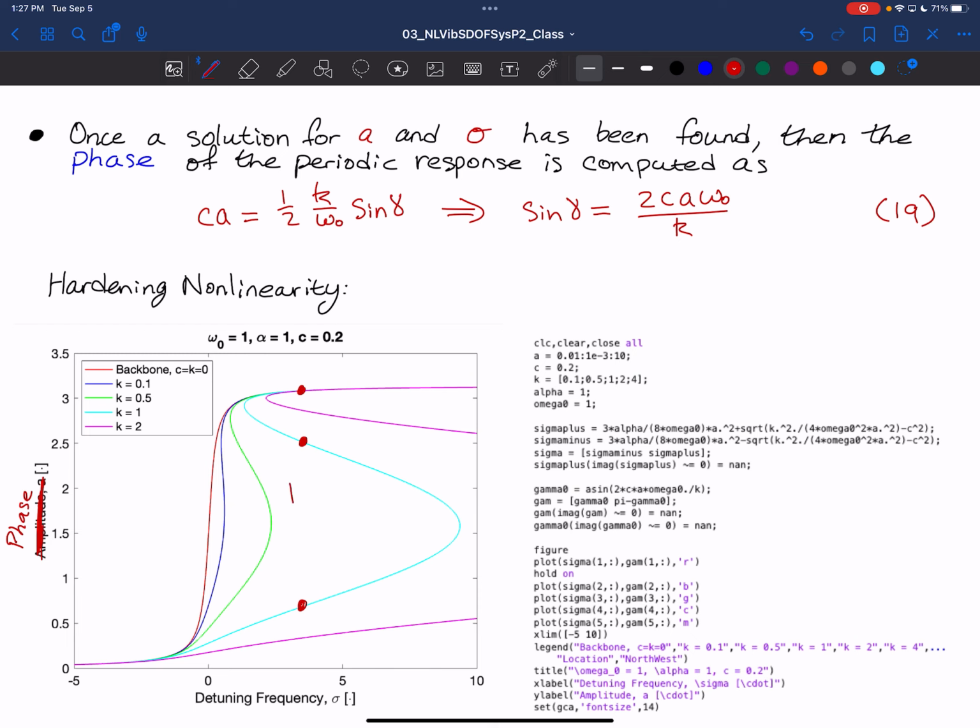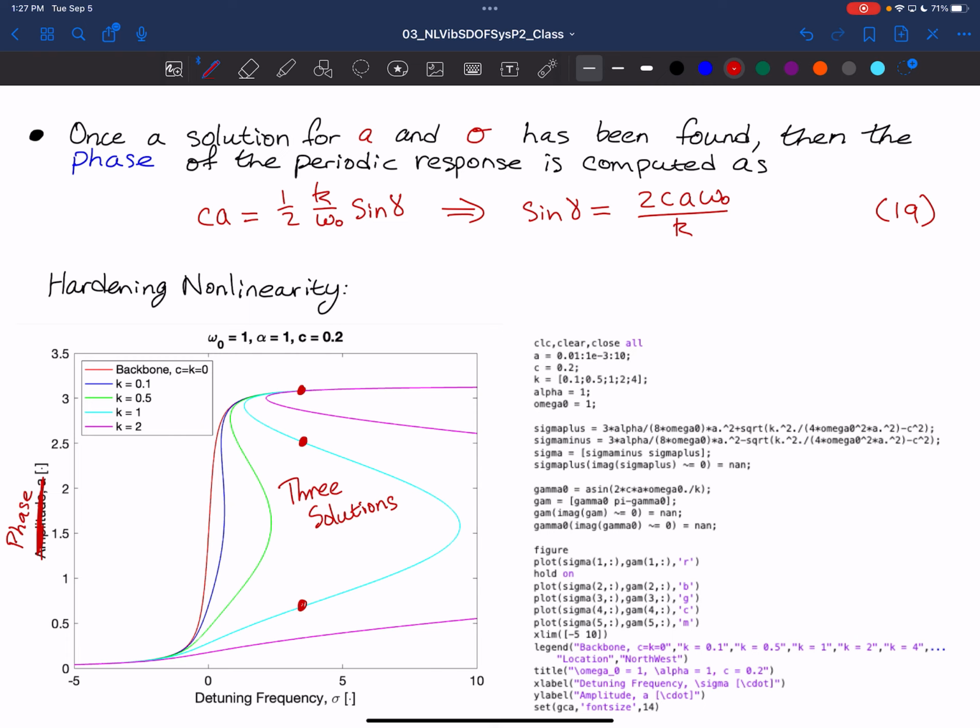And again, we have these 3 solutions. Generally, we're not that interested in the phase. We're more interested in the amplitude of the response, because that's really what determines when stuff breaks, for example. If the amplitude is too large, that is what will determine if something breaks, not if the phase is pi or not pi.